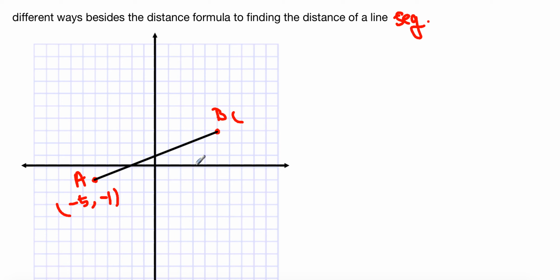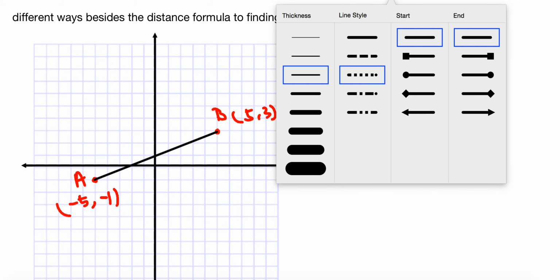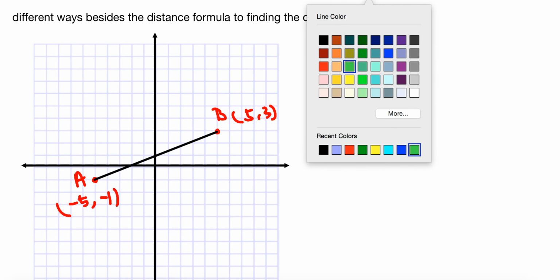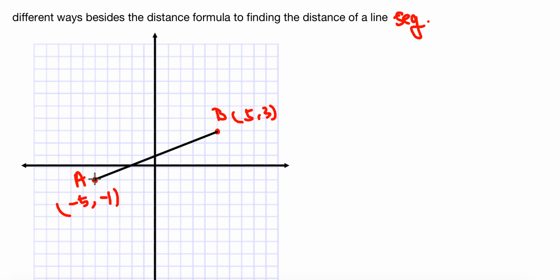Point B is 5, 3. Then what I can do is count the horizontal differences and vertical differences. You can do that with a ruler, of course.